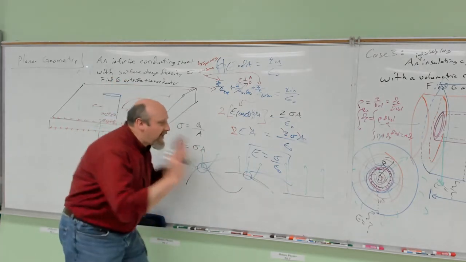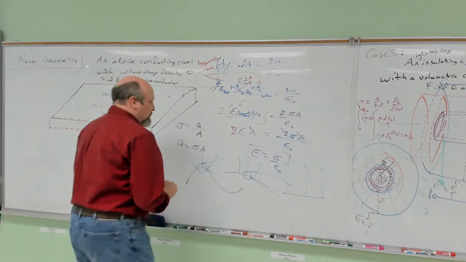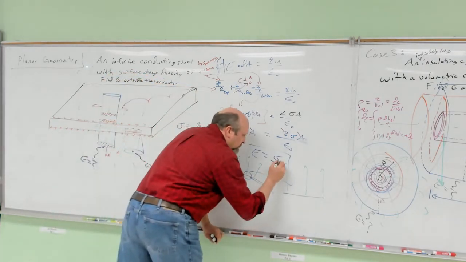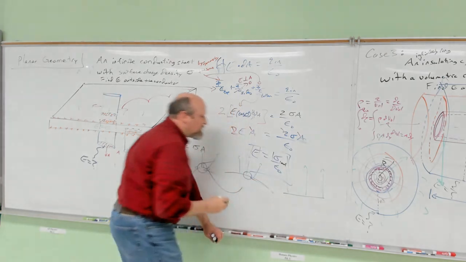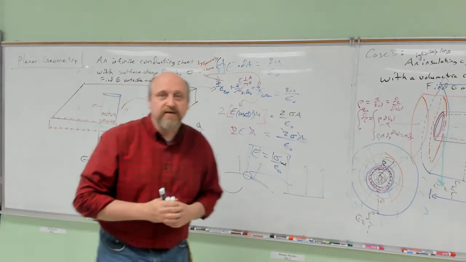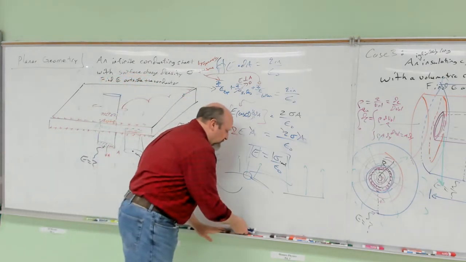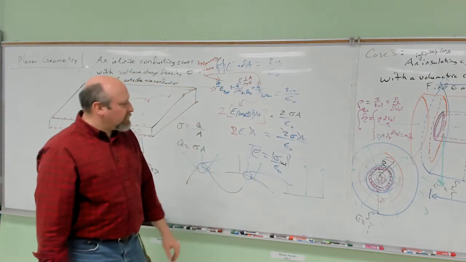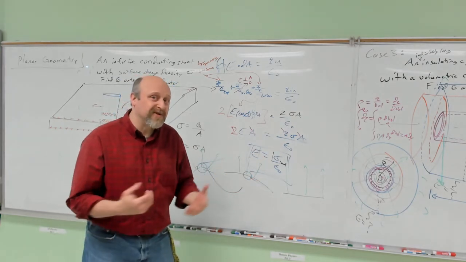And that works for any shaped conductor in equilibrium. So I can always say my E is going to be my local sigma over epsilon naught. Okay, I can get the E field of any conductor. So it's a more useful solution than it might appear at first. And we'll be interested in this when we do some stuff with capacitors next unit.